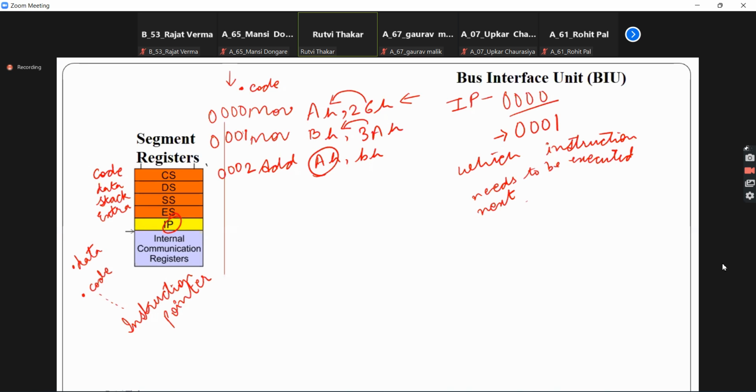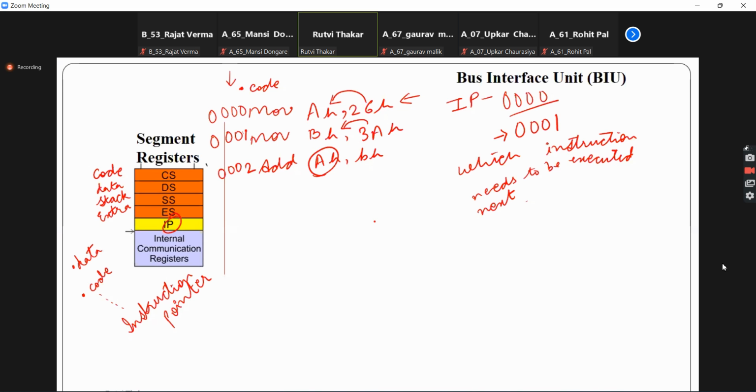Generally, when we write down the coding, it will always be in ascending order. It will increment by 1, 1, 1, depending upon what instruction you are writing, unless and until you give some jump instructions. Jump is nothing but the looping instructions of your C and Java. If I write for, a for is a continuous loop; till the time the condition is not satisfied, it will stay in that loop.